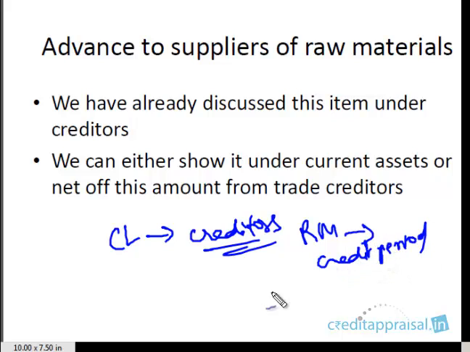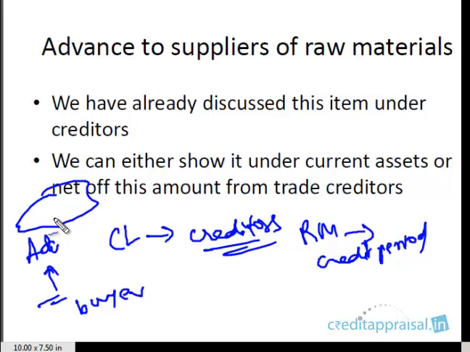But there may be occasions where you have to actually pay advance to the raw material suppliers. You are the buyer. To get the material, sometimes you have to make an advance. This happens when the product is in very high demand, right? So sometimes the material supplier will give you credit, or in other cases you have to give advance. These are two opposite scenarios.